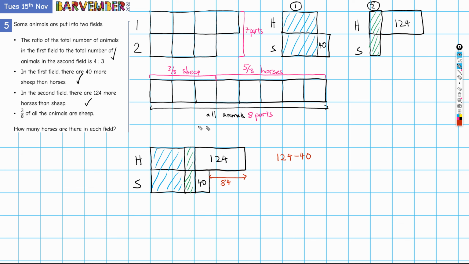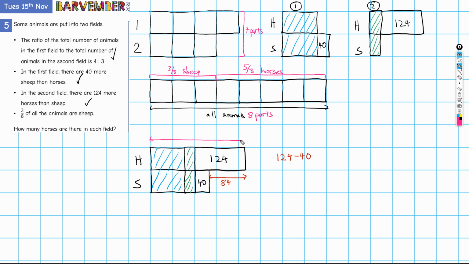Now, I could rearrange this to sort of fit into here somehow. I think it would be harder to see that way. So what I'm just going to do is, actually, why not, if I go back to the pink, this is the total number of horses. Agreed? Okay, well, the total number of horses is 5 parts of this model.